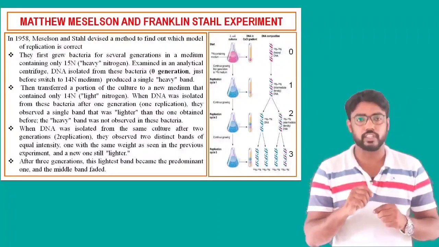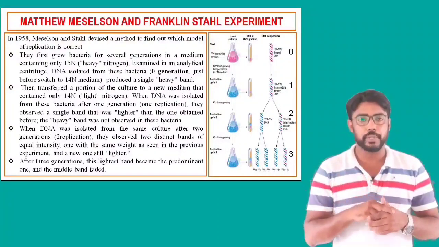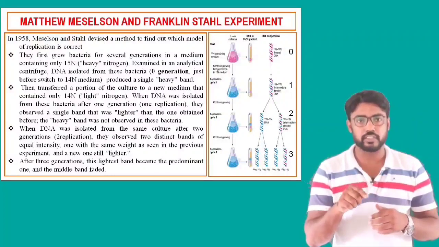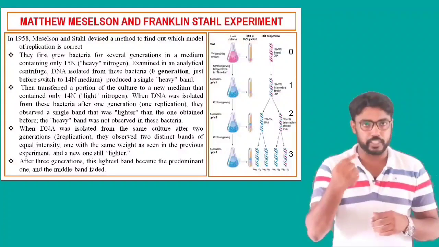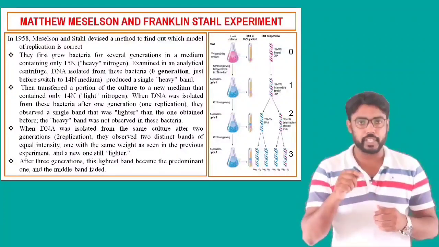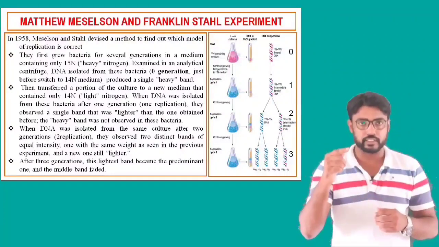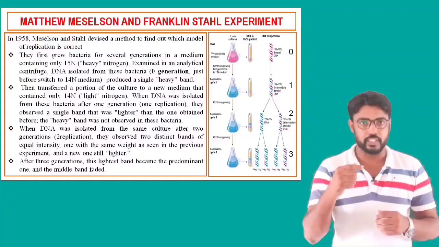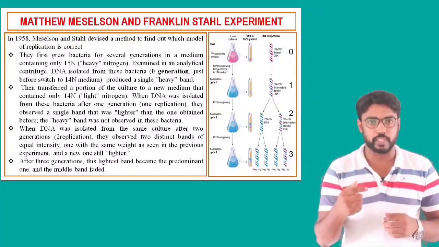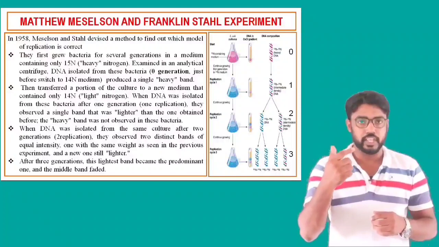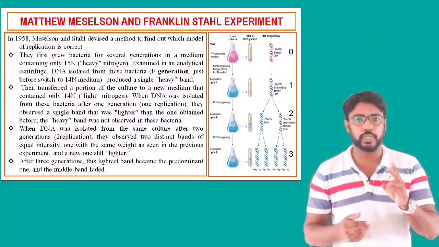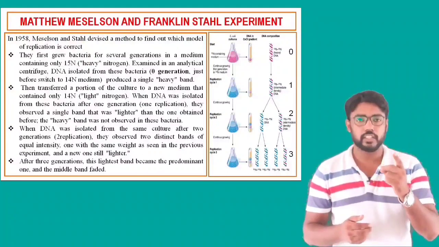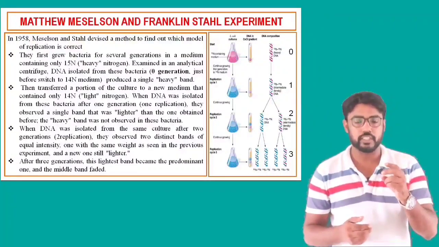Apart from this middle band appearing in both generations, in the second generation another band appeared, but that band is lighter than the middle band, so it is a light band. That means the second generation contains two bands, one middle band and one light band. This is the second generation banding pattern.